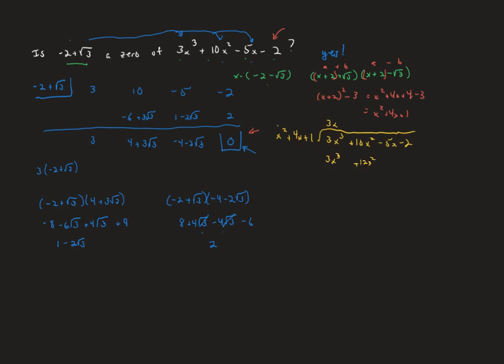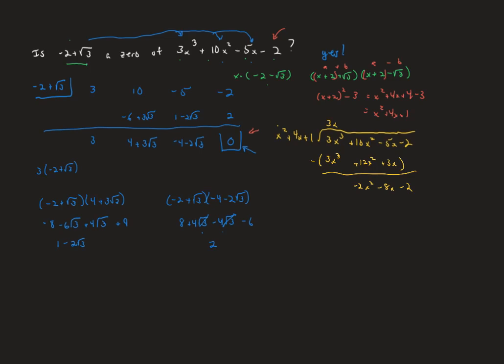And 3x times 1 is a plus 3x. I'm going to subtract these. The 3x cubes drop out. 10x squared minus 12x squared is a negative 2x squared. Negative 5 minus the 3 is a negative 8x, and the minus 2 comes down.